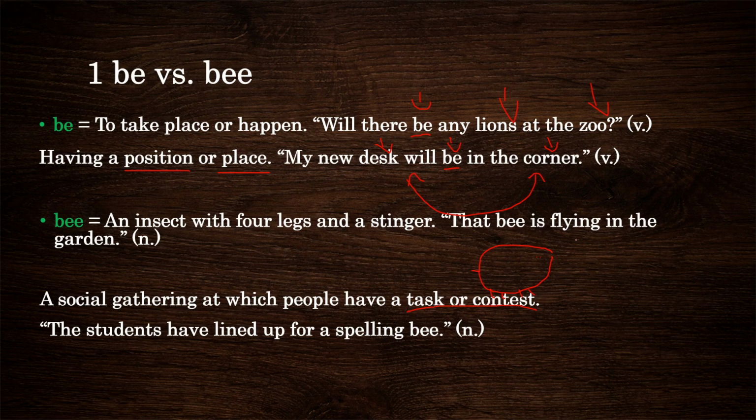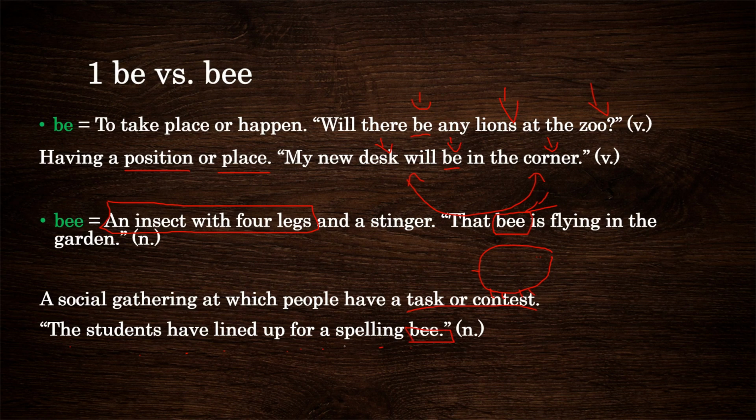That bee is flying in the garden. This is the bee, and it's talking about itself. It's not talking about anything else. The bee is a subject in this sentence, meaning it must be a noun, just like this definition. The students have lined up for a spelling bee. This is the bee.